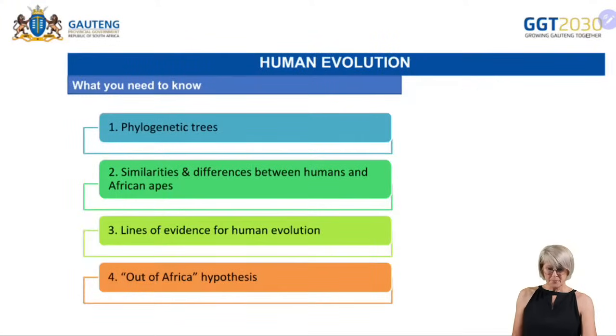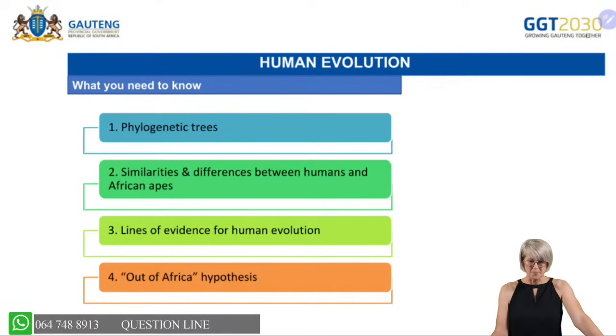All right, we're going to have a look then quickly to finish off at human evolution and what you need to know. So these 4 points are very important. You need to know phylogenetic trees. You need to know the similarities and the differences between humans and African apes. You must know the lines of evidence. So here again, we're looking at evidence for human evolution, and then we're going to have a look at the out of Africa hypothesis.